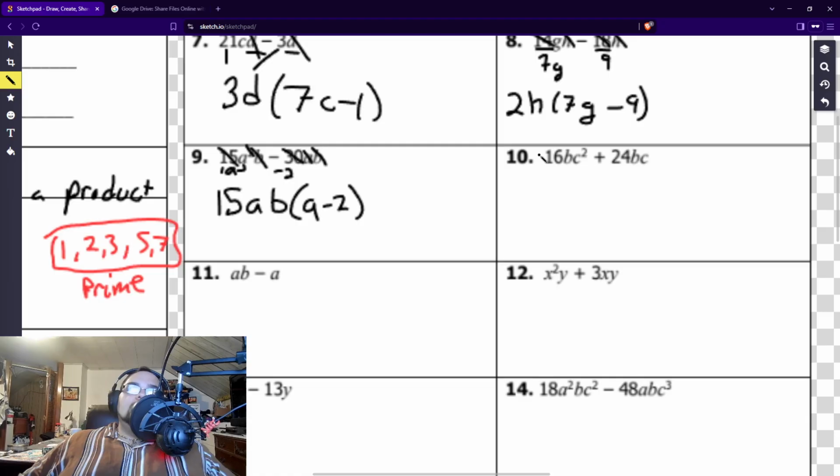16 and 24. Well, I'm going to pluck out a 2 from each because I know I could pull out a 2. That's 8. That's 12. Oh, wait, those are even again. I'm going to pluck out a 2 again and double this, so that's 4.